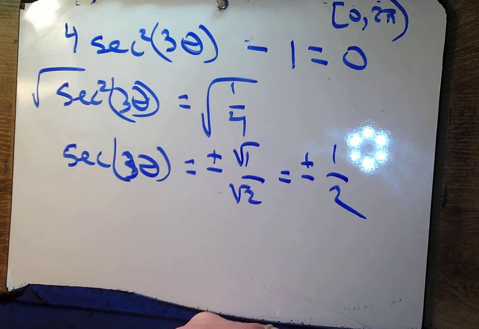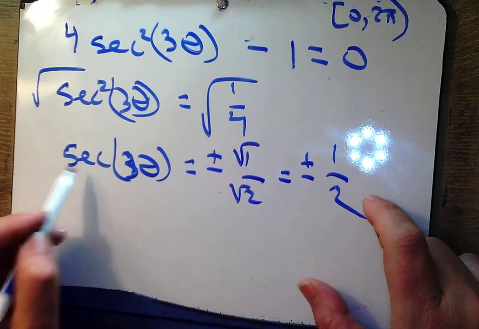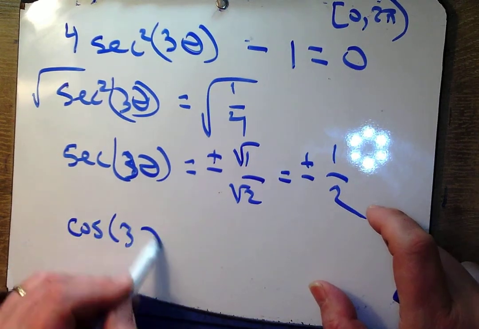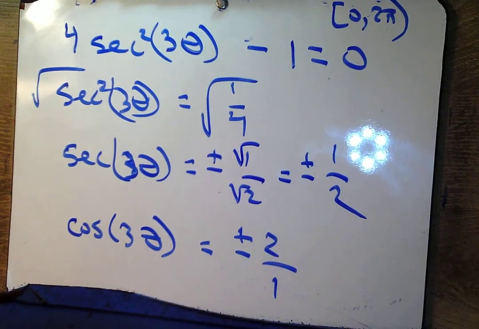Good. Now what? Well, I don't recognize that. I don't know my secant values. But I do recognize that it is the reciprocal of plus and minus 2 over 1. And so what can we say about that?